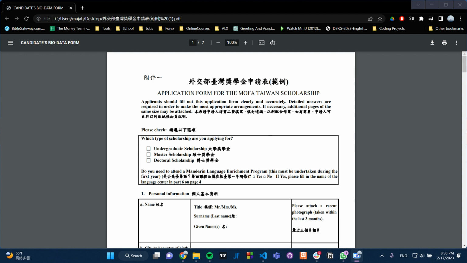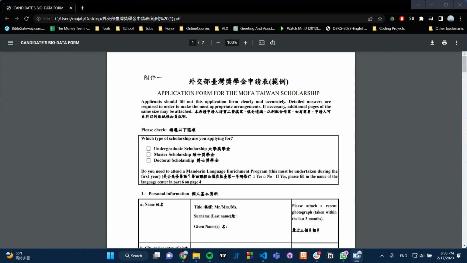Unlike the ICDF scholarship that has a list that you can choose from, here you are not limited to any university that you want to study at. So you can apply for your bachelor's degree, your master's, or PhD.